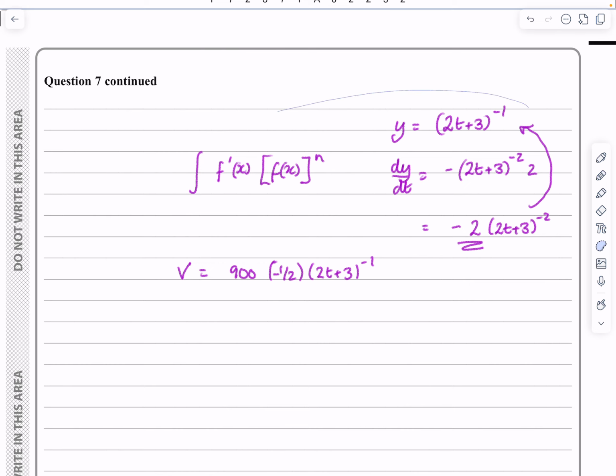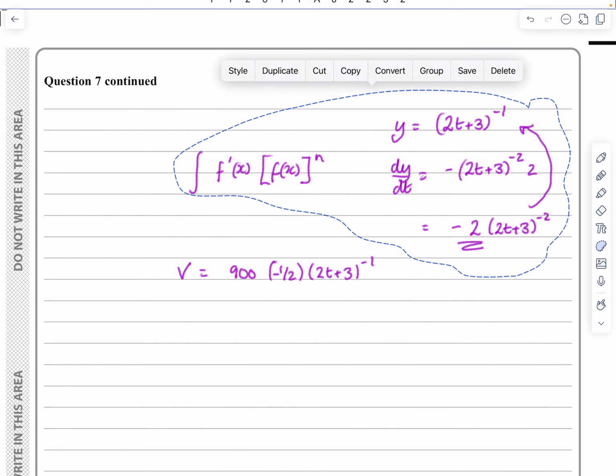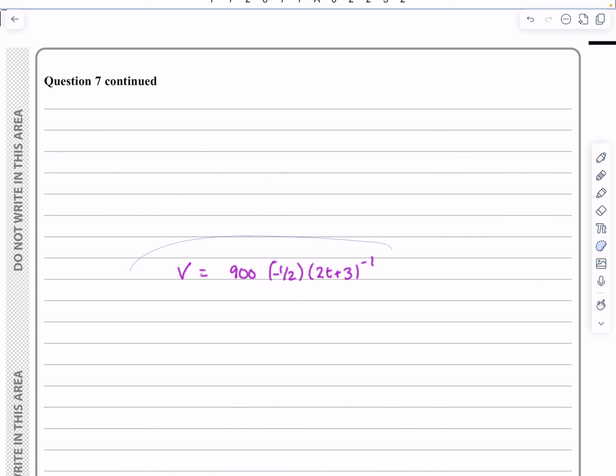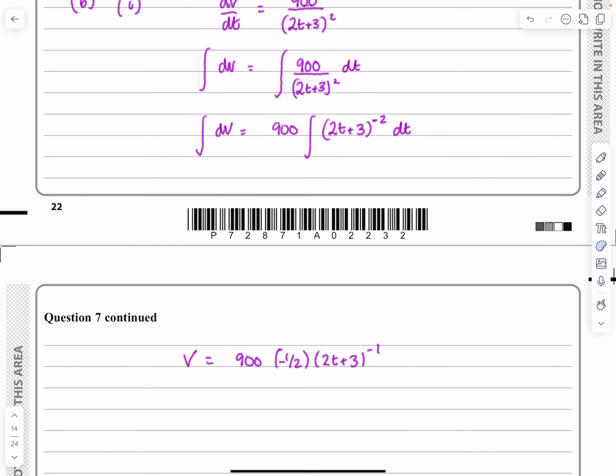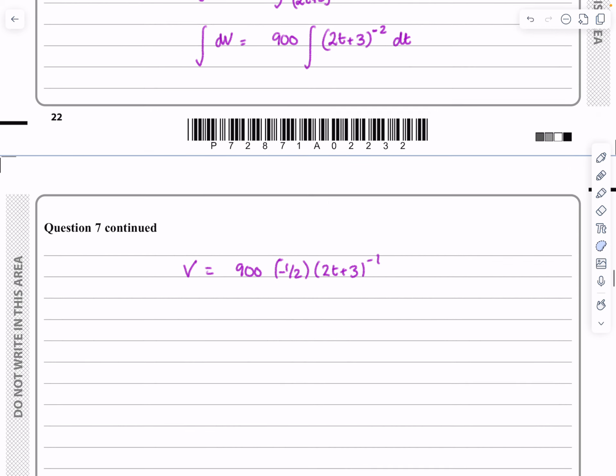Now, so I'm going to get rid of all of this. If you're not sure how to do those, go back and look at some of the other videos rather than spending more time looking at this one. So that's what I'd have written down quite quickly, because I've got lots of other stuff to do here. And I might tidy that up at, or plus C. Don't forget your plus your constant.